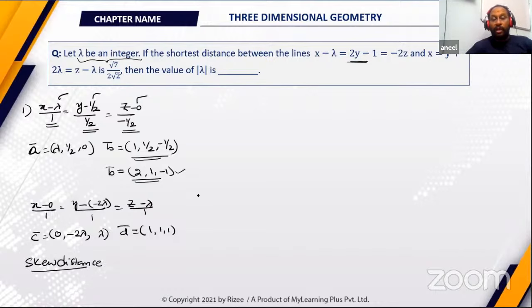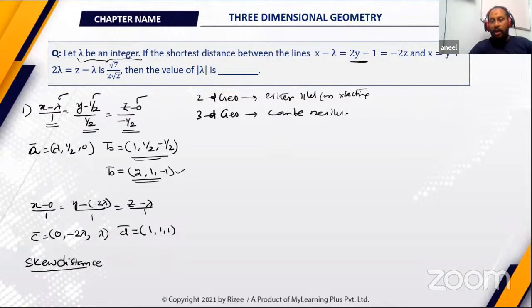Do you know what skew lines are? In two-dimensional geometry, the lines must be either parallel or intersecting. There is no other way when it is two-dimensional geometry. But when it is three-dimensional geometry, the lines can be neither parallel nor intersecting.